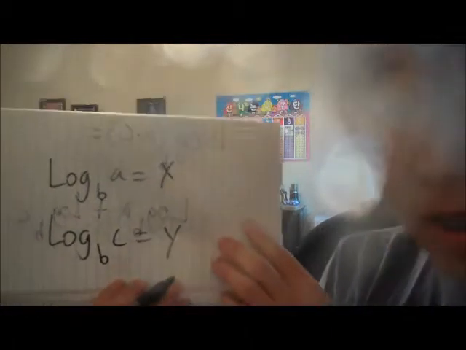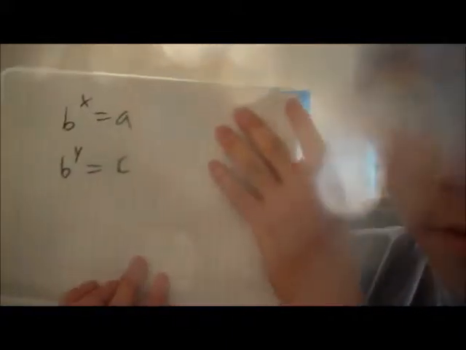Now guys, you know that I can rewrite log base b of a equals x as b to the x power is equal to a, right? And here, I can rewrite it as b to the yth power is equal to c, right guys? So now, guys, what happens if I multiply a and c?